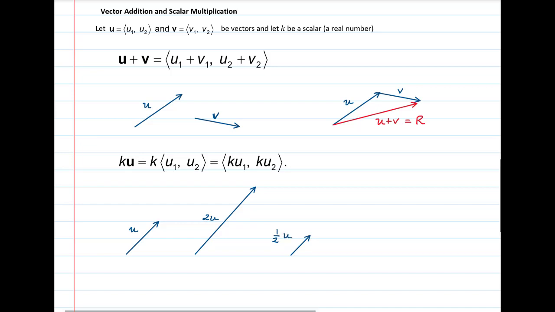So it becomes double. If I multiply by 1/2, I cut that in half. I'm scaling it so that it's half the length of what u was, right? So that's really all you're doing. The math looks like you're distributing that k, so it just distributes to every component there, k u1, comma k u2.